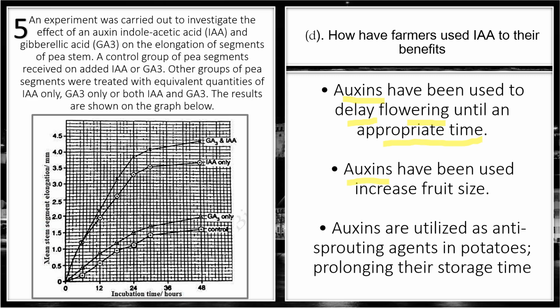Auxins have been used to increase the fruit size. Auxins are utilized as anti-sprouting agents in potatoes, prolonging their storage time.